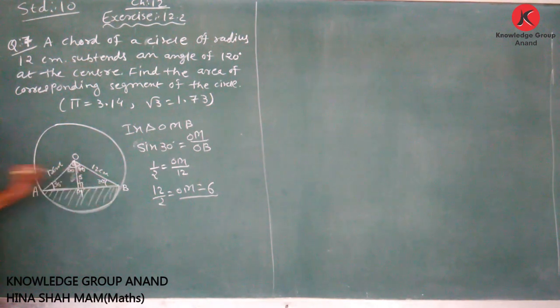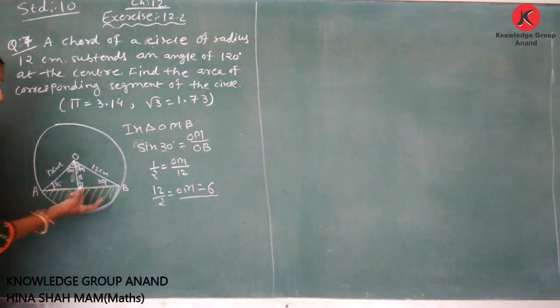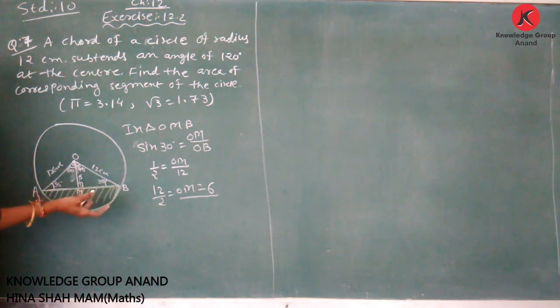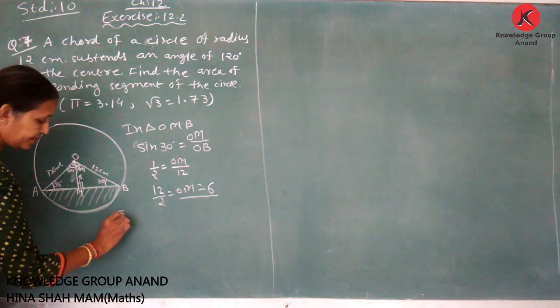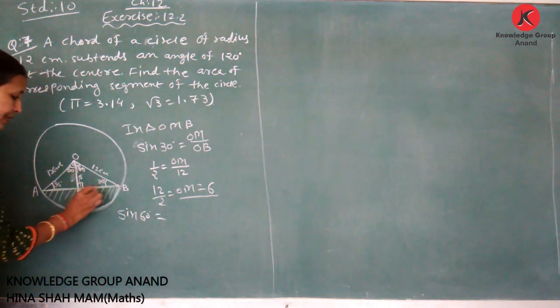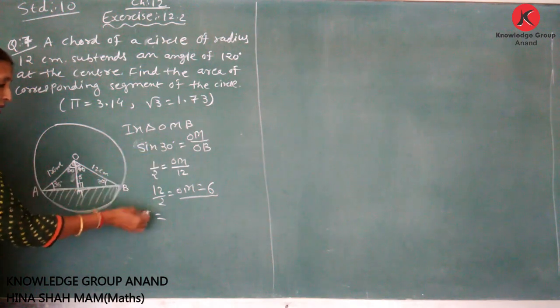Now we find MB. Which angle to use? Sine 60 is equal to MB upon hypotenuse. In this triangle, we use sine value: 90, 60, 30, here 30, here 60.